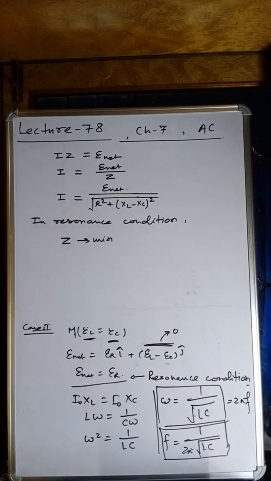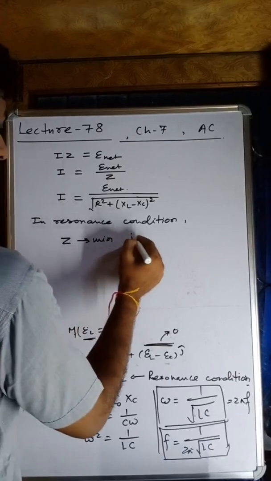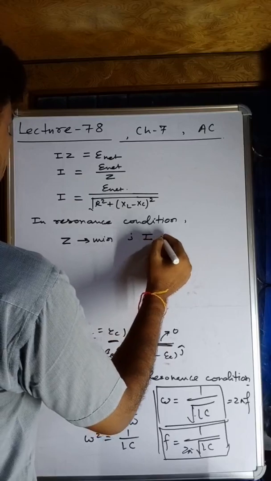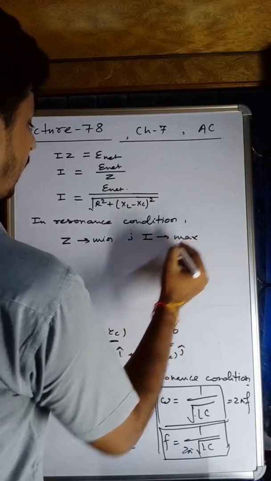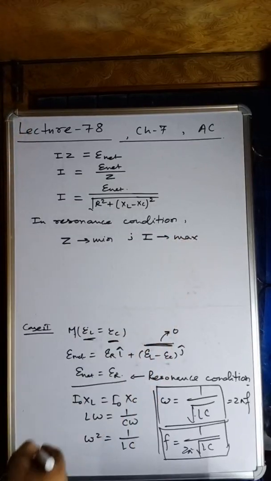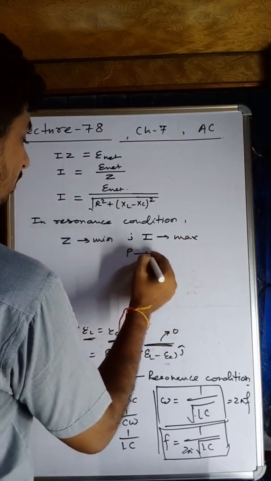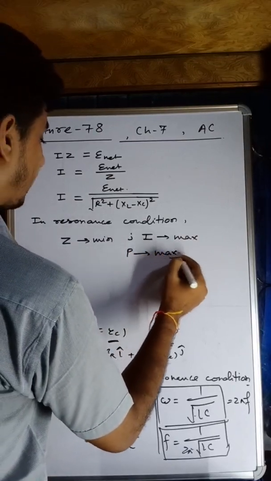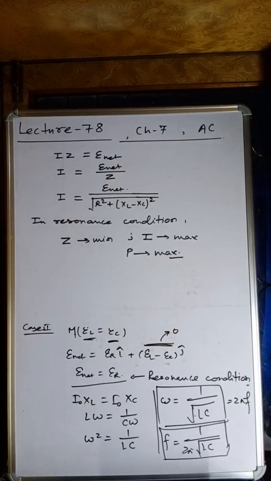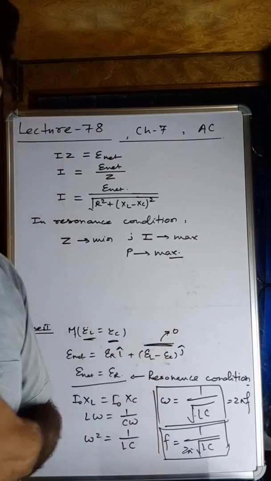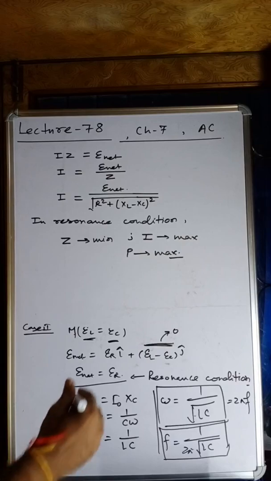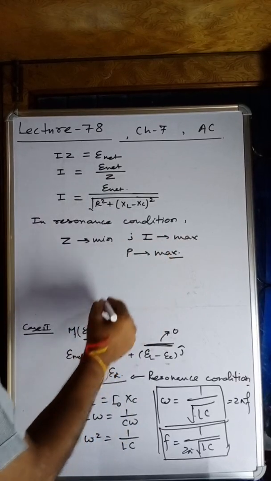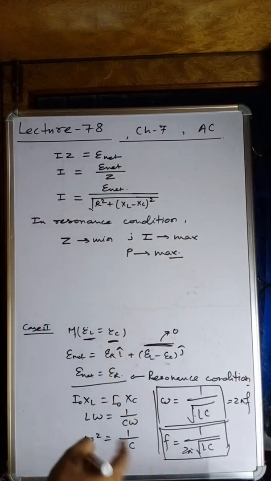Z is minimum and current will be maximum, and the very important power will also be maximum. Now, for this resonance condition, when current is maximum, at which frequency is it maximum?